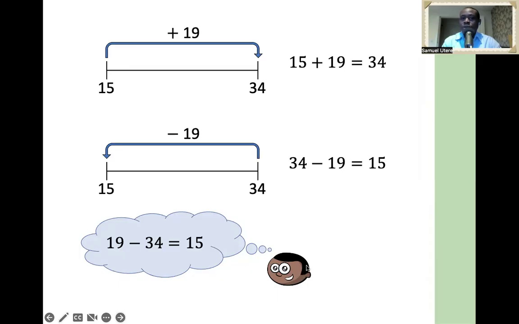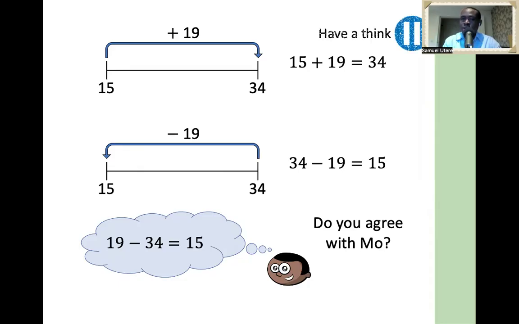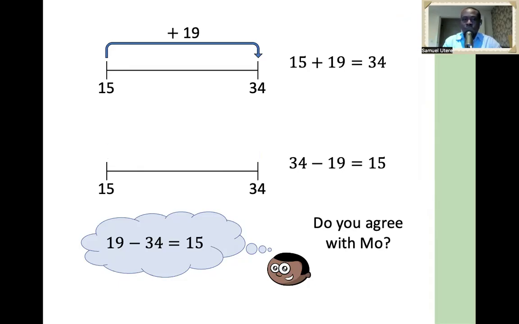Why? Because we know that 19 subtract 4 is equal to 15. So it's obviously not true that 19 subtract 34 will be equal to 15. So we're going to disagree because we know that 19 subtract 4 is 15. So they cannot be right.